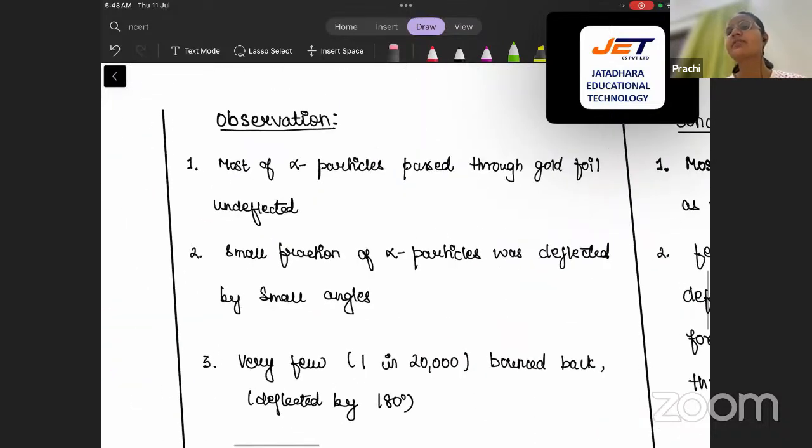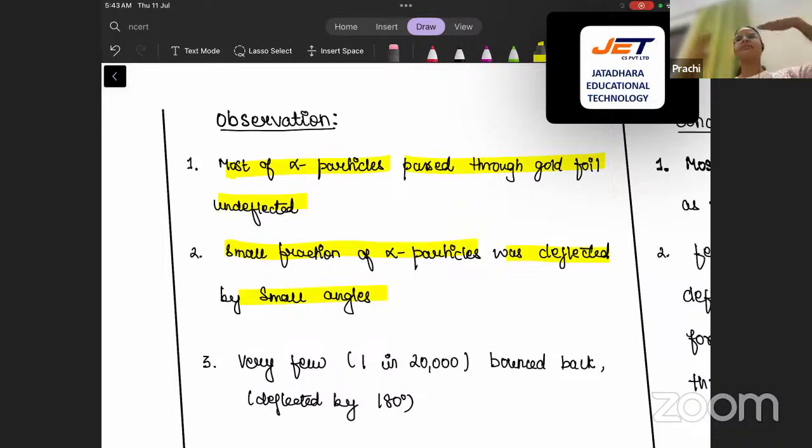They observed that most alpha particles passed through the gold foil undeflected. Yes, that was true, and this was their expectation. But a small fraction of alpha particles was deflected by a small angle. They were supposed to go straight, but were deflected by a very small angle.